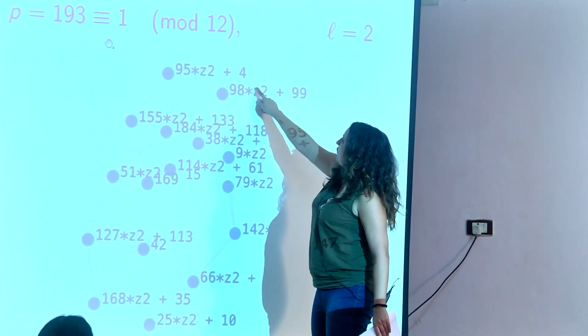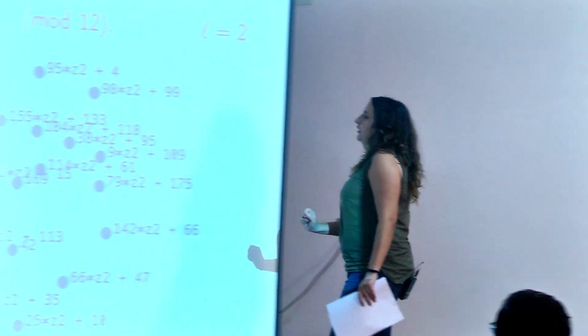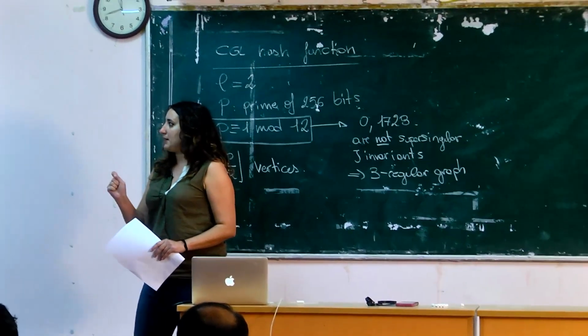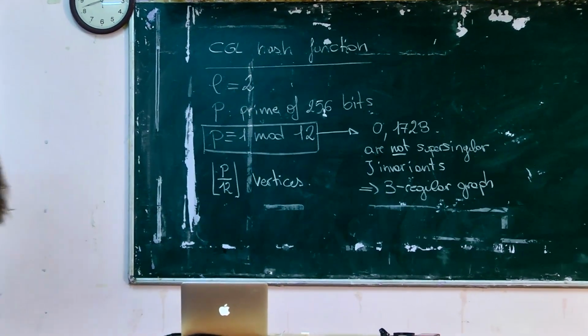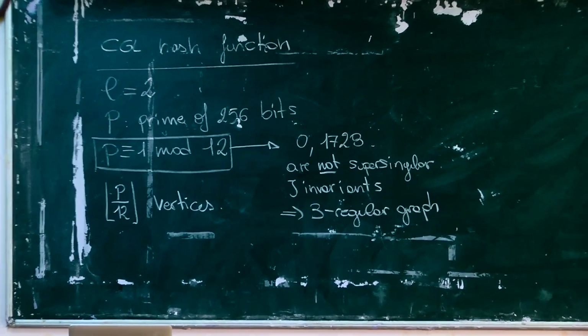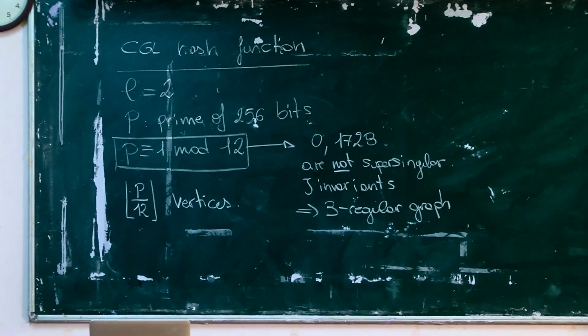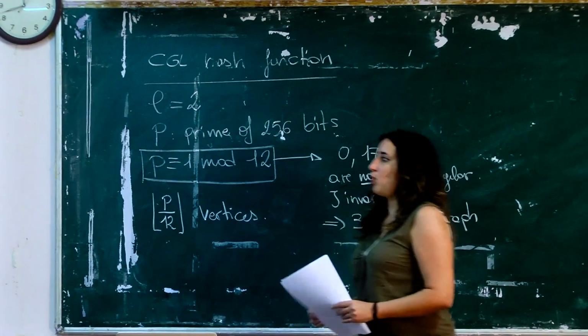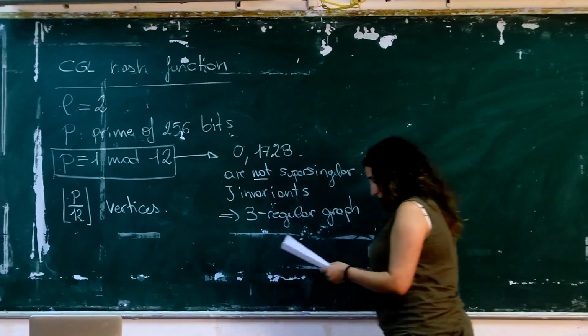But where you find this Z2, it means a j-invariant which is not defined over F_p. And you see here it is completely regular. If you count the number of edges from a vertex, you get 3. There are no exceptions, no particular situation. So we like to work with this.